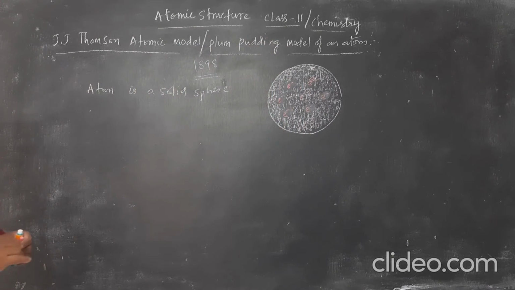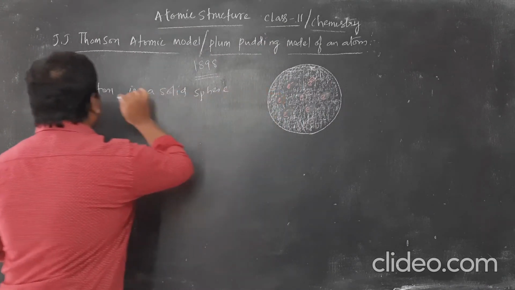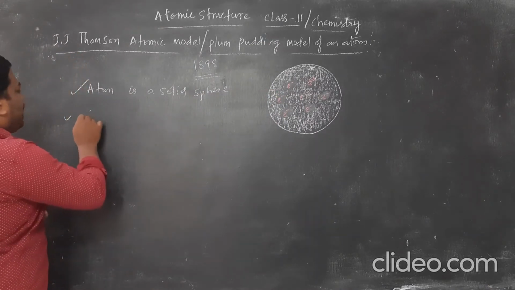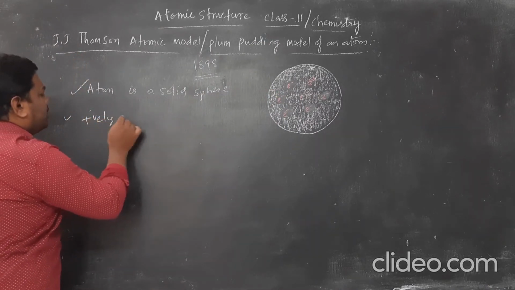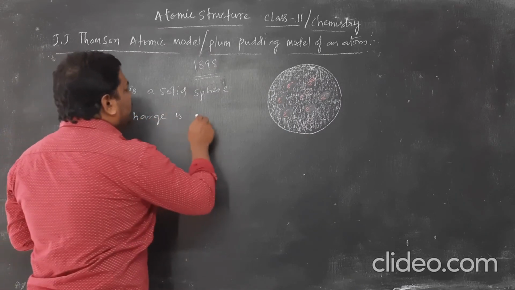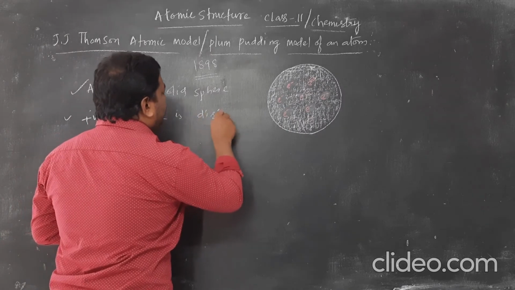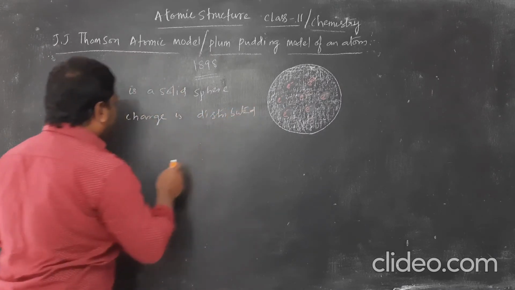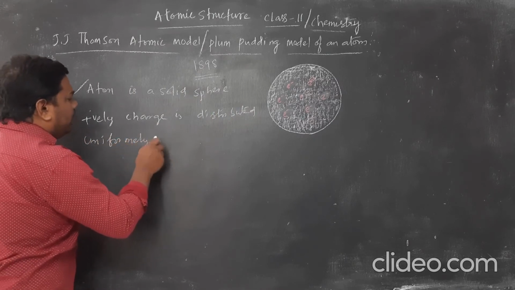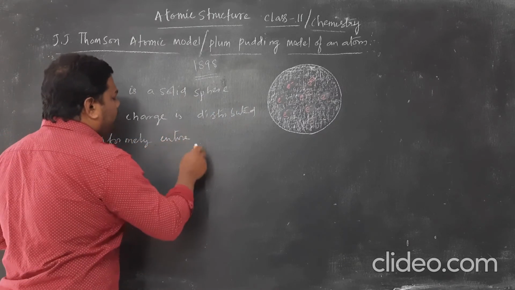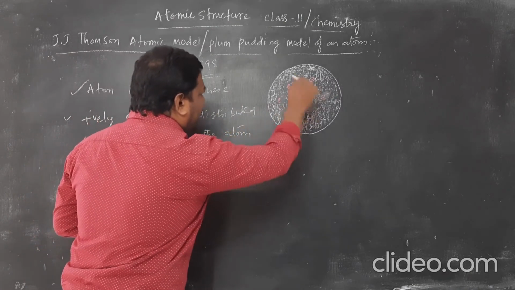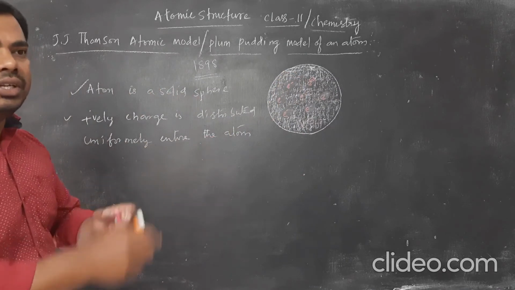Clear, student? Right. So once again, according to J.J. Thomson, the atom is a solid sphere, and the positive charge is distributed uniformly over the entire atom, meaning the positive charge density in the atom.